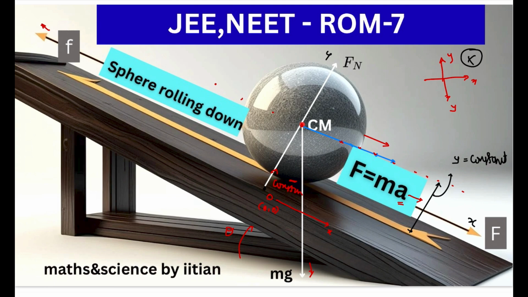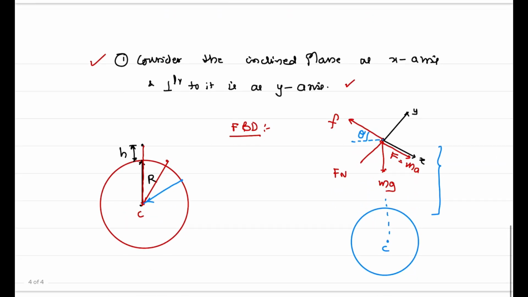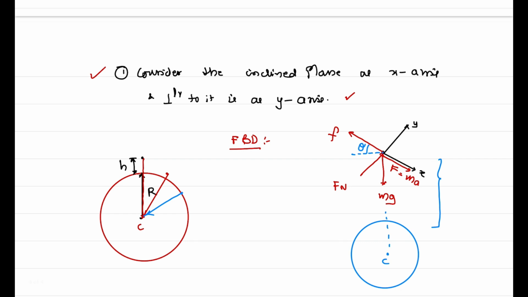Because if you consider it as a particle, it does not have dimensions, we need not worry about acceleration in the y-axis and the x-axis. Whereas here we have to consider acceleration in the x-axis and also the y-axis.